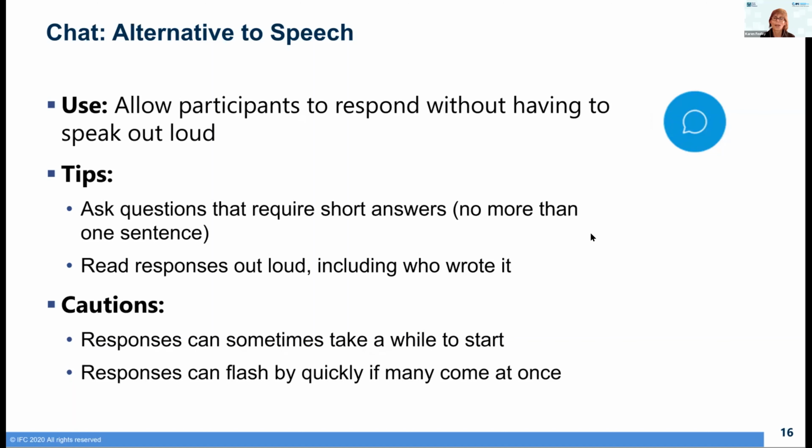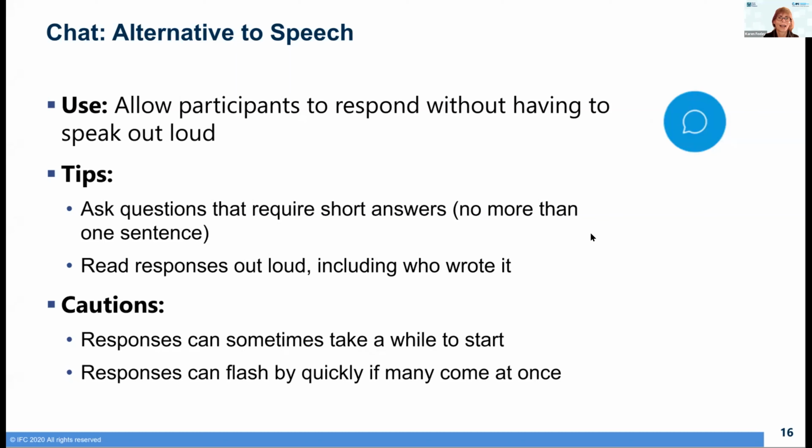Now, one of the big differences between asking a question in person and asking online is that it takes longer to get a response online. So if you think about what happens in the classroom, I ask you a question, you hear the question, you think about it, and then the answer comes out your mouth.